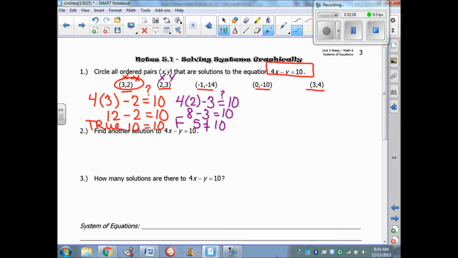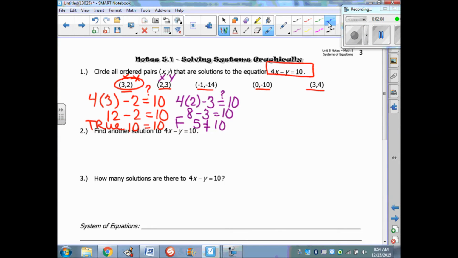Now I'm going to go to the next possible solution, (-1, -14), and I'm going to have to write that down here. Do the same thing: 4 times -1 minus, and now I've got to put that -14 in parentheses because it's minus a -14. Does that equal 10? I'm testing these points to see if they're solutions.